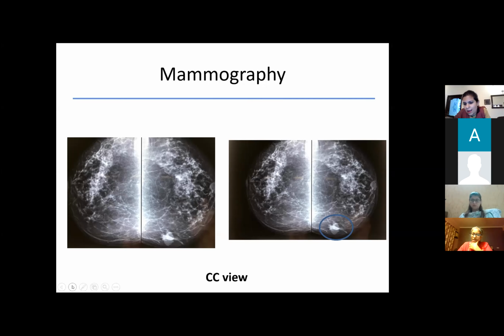Can I add a little bit? Yes, ma'am. Firstly, FNAC was not warranted at all. And I would like to know if the core biopsy was image guided, or were these palpable masses biopsied blindly? Palpable masses, and I was not very sure whether they were. Okay.